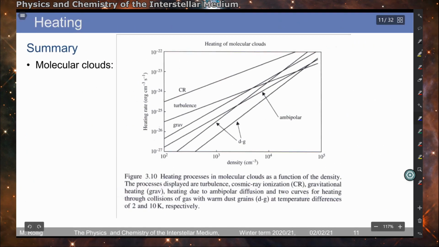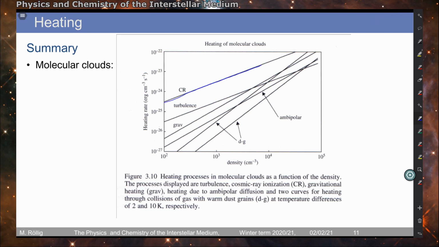And in the molecular cloud regime, we will then have other processes also being important. The photoelectric heating here is not shown because we now assume that we are shielding the UV radiation, but cosmic rays can still penetrate.